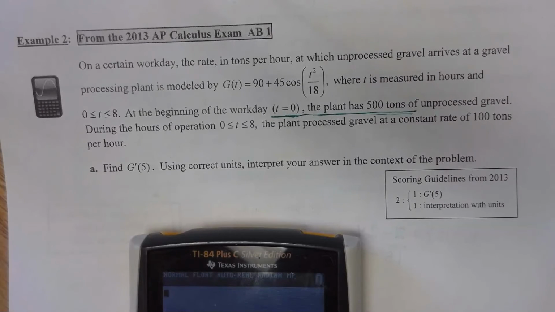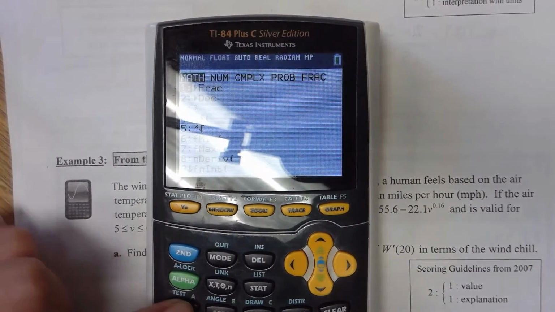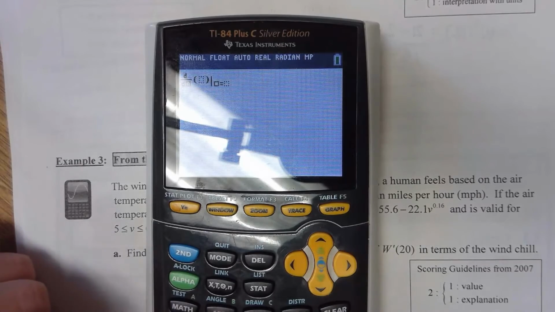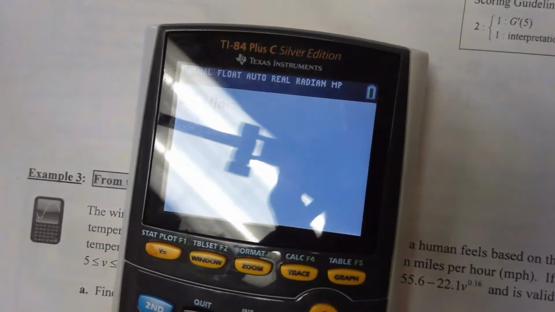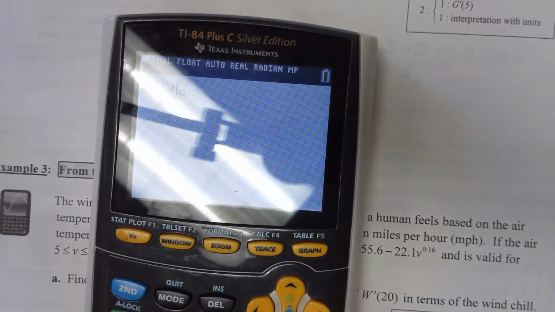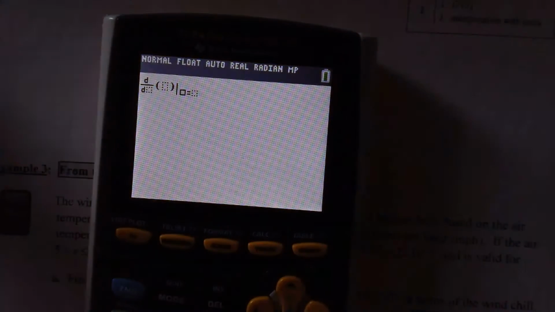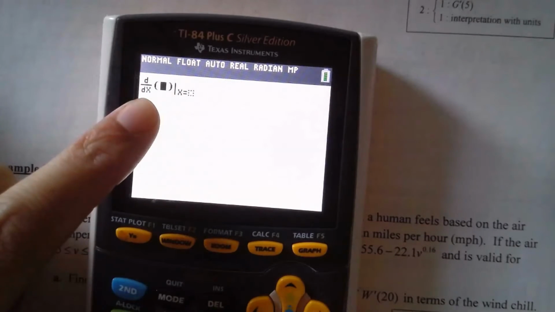So to find the derivative at 5, all we're going to do is hit math 8. So we're going to interpret the derivative. So we're finding the derivative with respect to variable x. So it's d dx. We type our function into the parentheses.